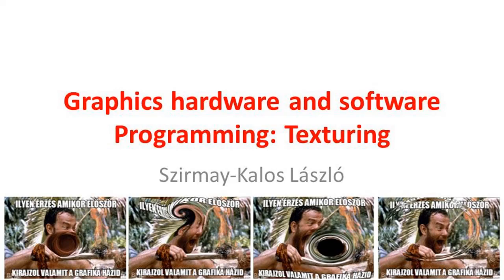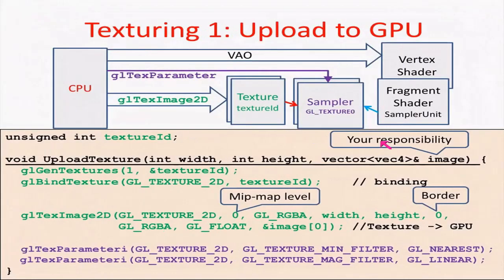If we wish to use texturing, here we show how to upload an image to the GPU that is to be used as a 2D texture. A texture is a resource, so first a resource ID should be generated similarly to VAOs and VBOs. Texture IDs are generated with the glGenTextures function.